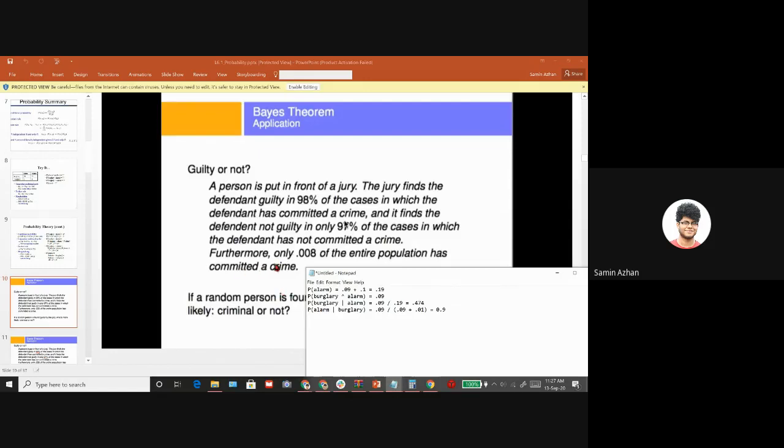Okay, let's start with the last line. It says that only 0.008 of the entire population has committed a crime. That means the probability of being a criminal is 0.008. Probability of criminal is 0.008.